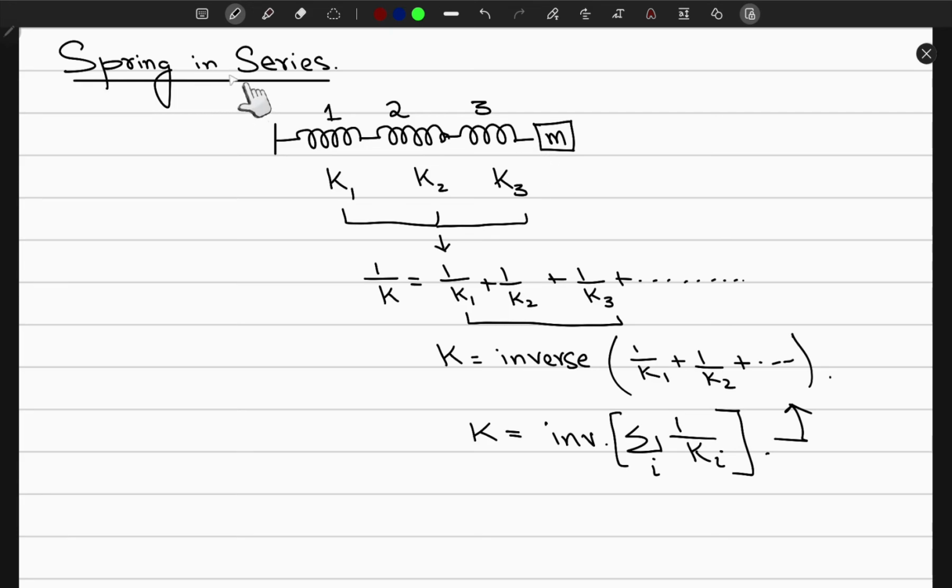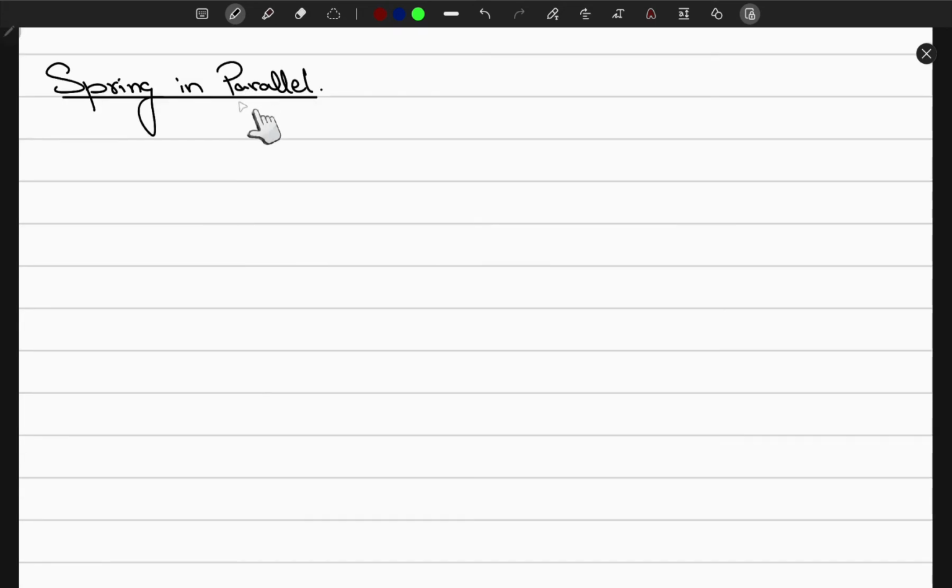Similarly, you can also have a case where your springs are attached in parallel. So, springs in parallel: suppose that you have a system, well, let me try to draw it. Something like this.